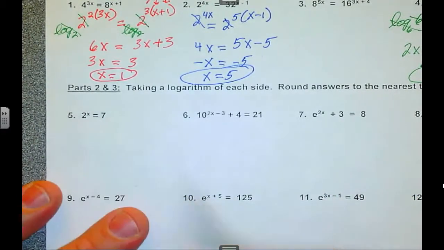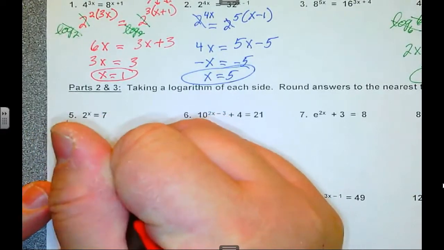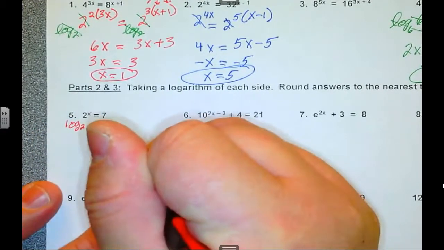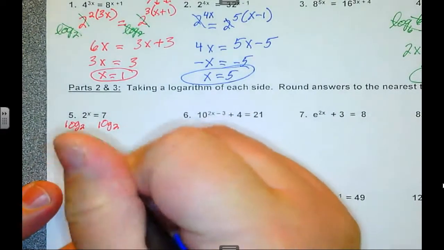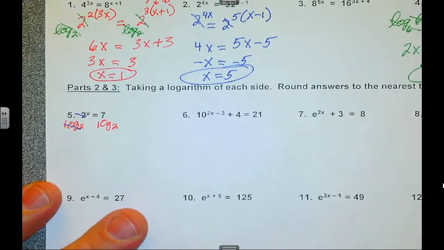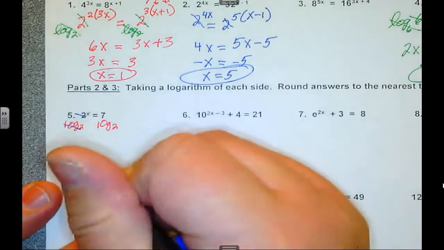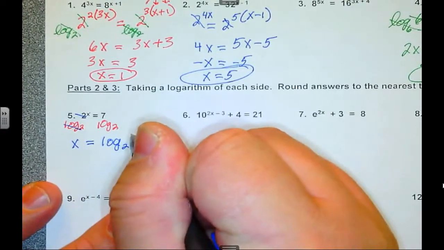So I'm going to take the log base 2 of both sides because I want to get to that x. So I get, these cancel. So I get x equals log 2 of 7.